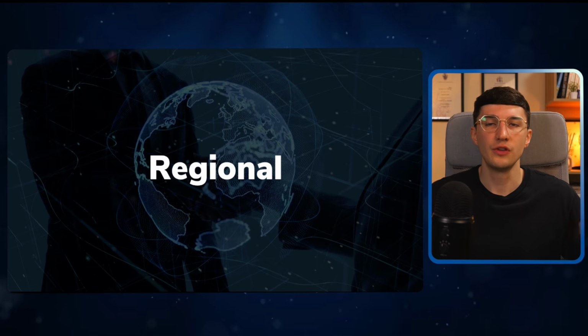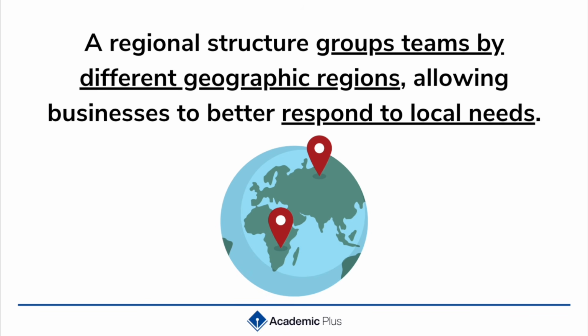But what you'll find is that typically these multinational corporations will tend to opt more for the regional organisational structure. A regional structure is where a business is divided into teams or divisions based on geographical regions, such as countries, continents, or to meet specific local markets.